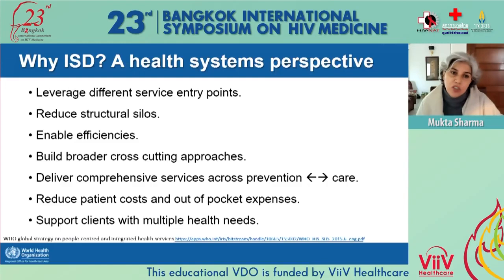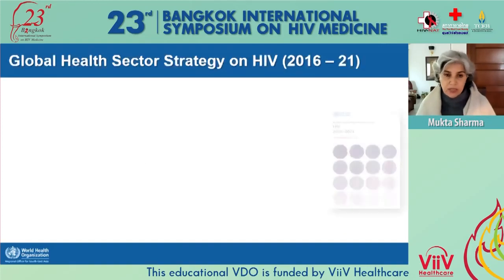So integration is not a new concept, certainly, but we need to think about what does that mean going forward. So let's think through some of the conceptual issues around integration and what have been some of the challenges when different health systems think about it.